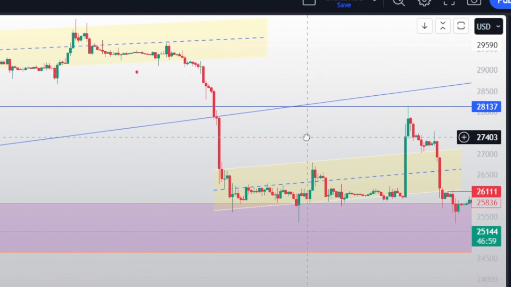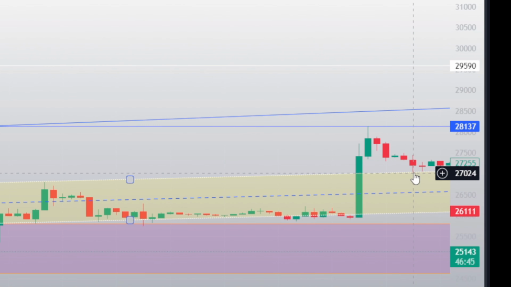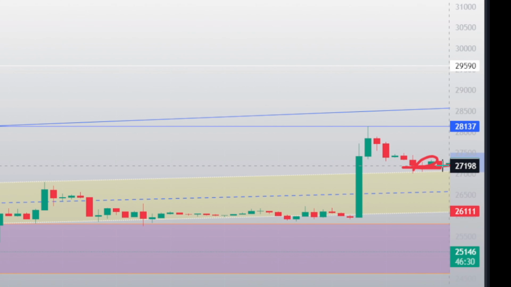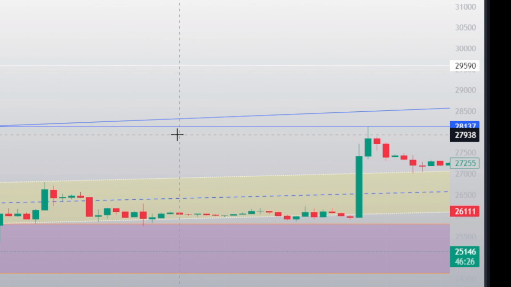Imagine you want to add: we held this previous resistance as support and we added here, then we moved our stop loss to entry. It looked amazing, holding the support.